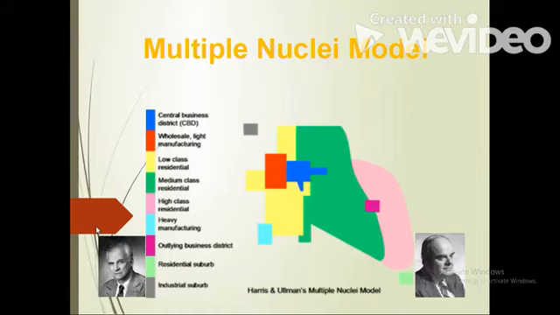Now, the name itself suggests that the cities have multiple growth points or nuclei, and growth generates from these nuclei. All of you know the meaning of nuclei. So growth develops from these. This model was given by them in their article called The Nature of Cities. And this is actually more applicable than the previous two to modern cities.